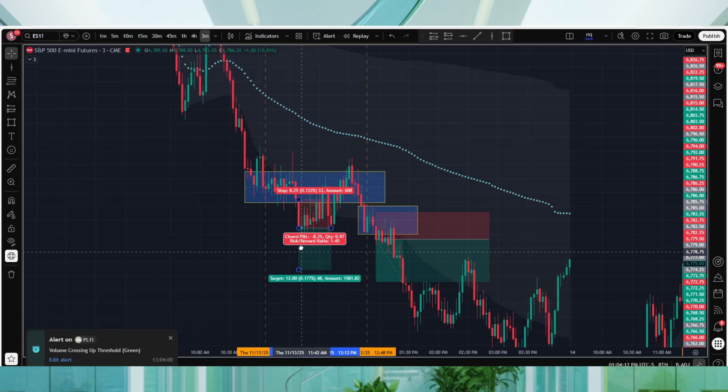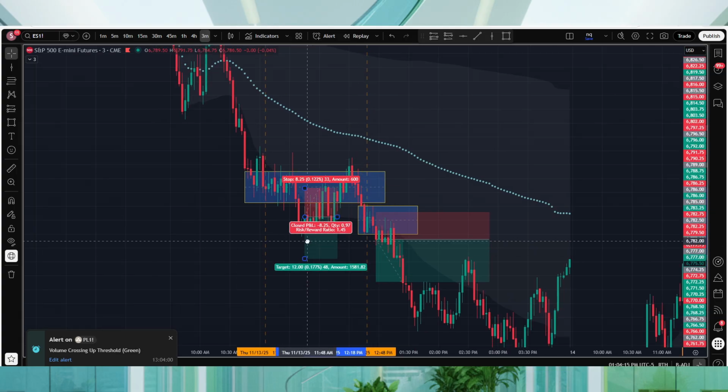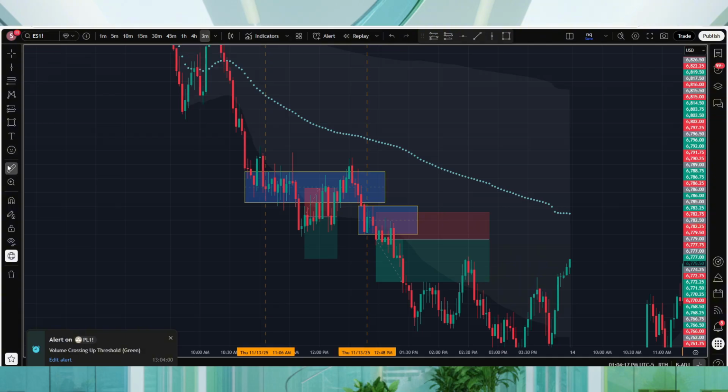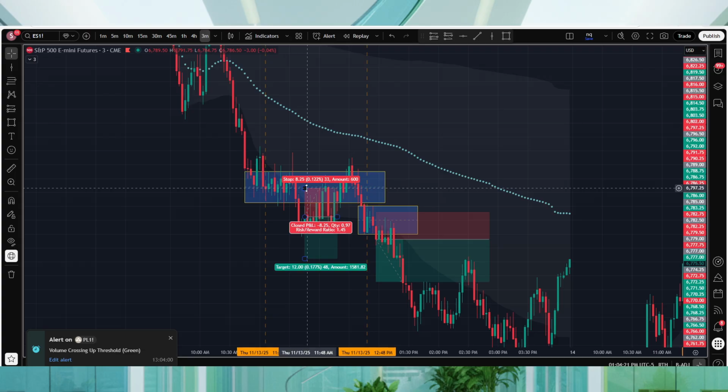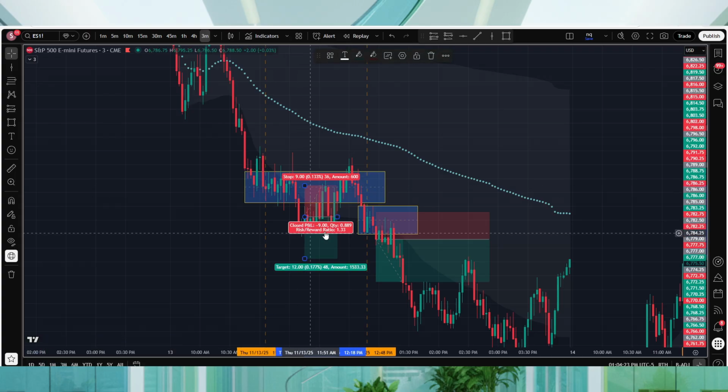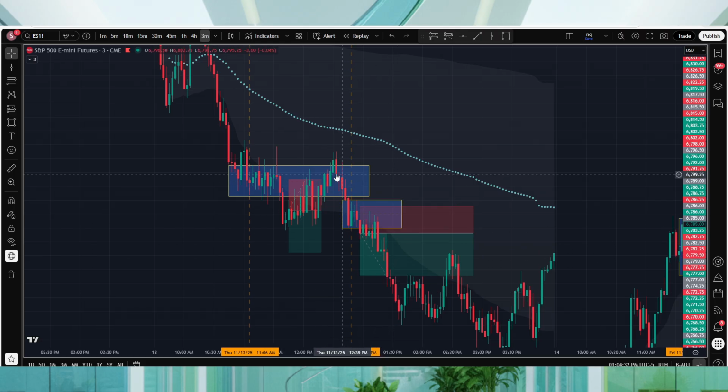Even if I take a retracement here, which is probably what I would take, I'd probably take this retracement there. And we have a 9-point stop here. We get stopped out here on this candle, which is going to be sometime 12:03 to 12:06. And I'm waiting for the next entry after 12:06.